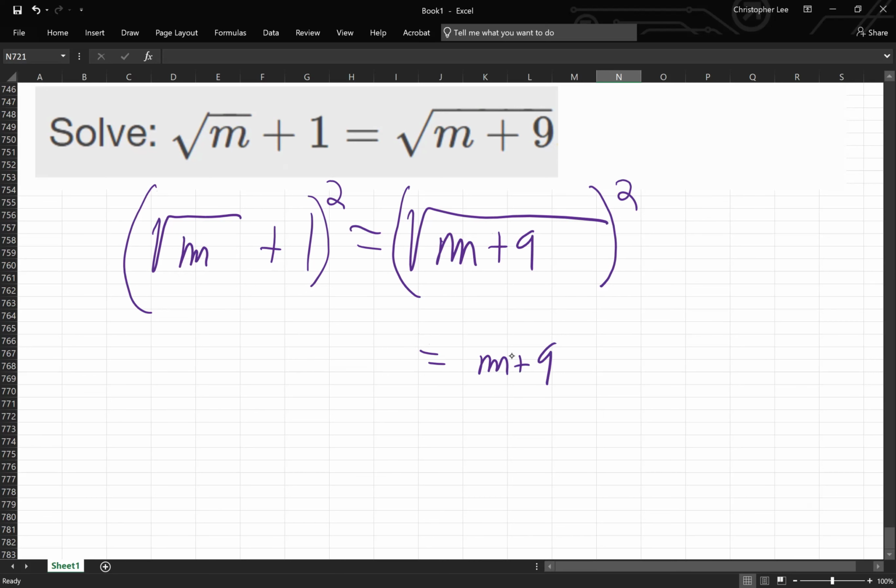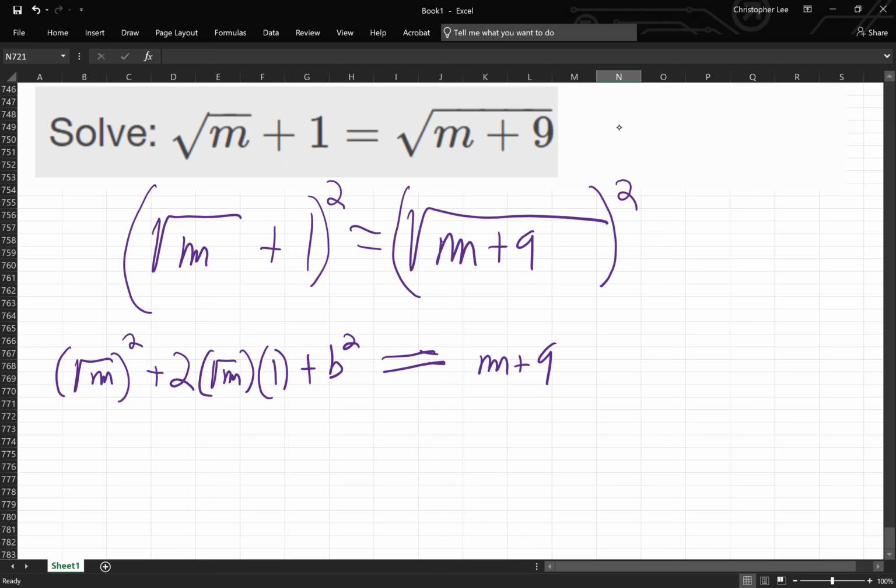But on the left-hand side, let's use that binomial squares pattern. This is going to be square root of m squared plus 2 times a, which is square root of m, times b, which is 1, plus b squared.